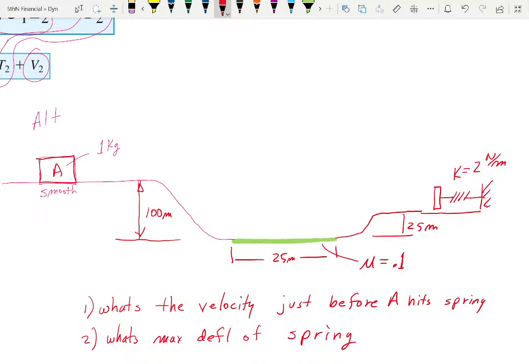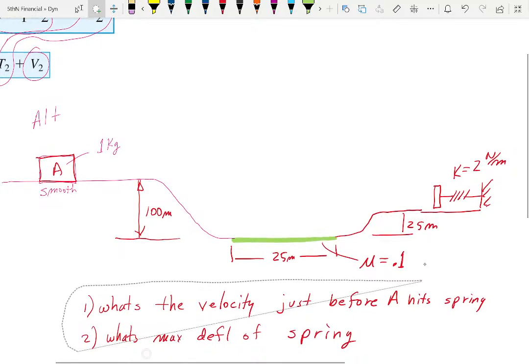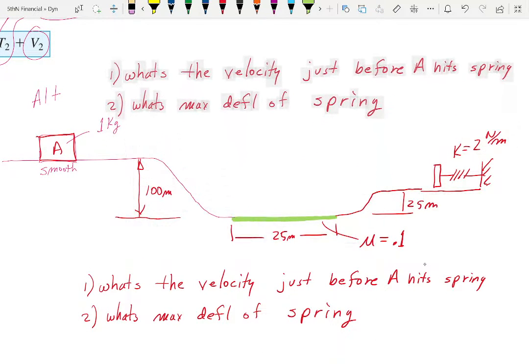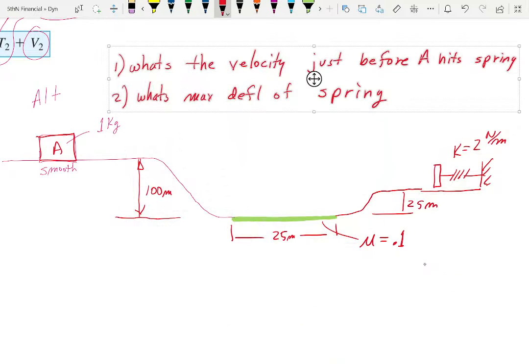Okay, so we'll look at both of those. You've got a lot here, so I'm just going to leave that above the problem and say, there are my questions.